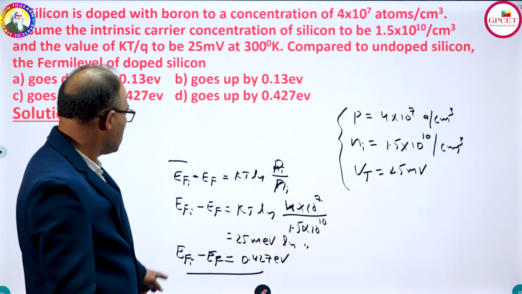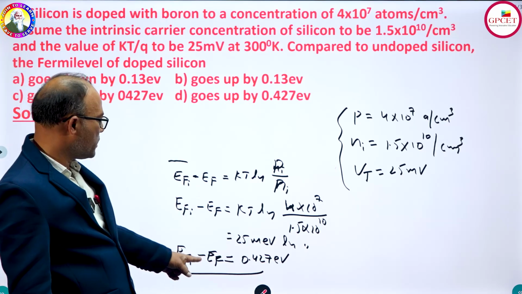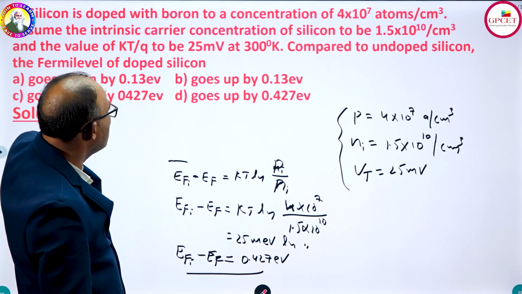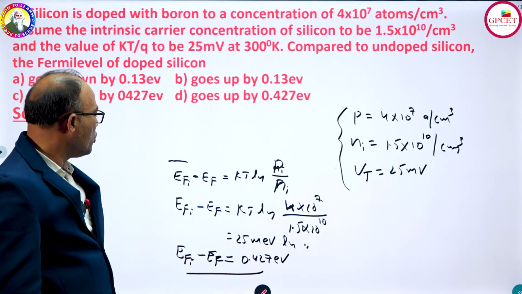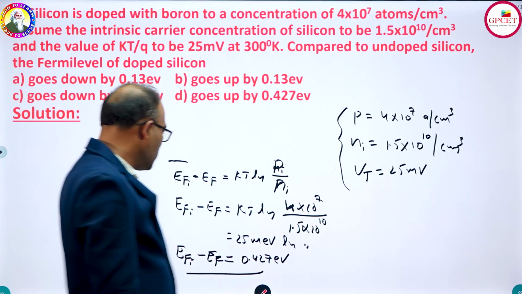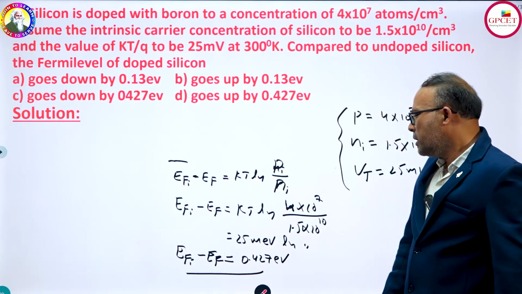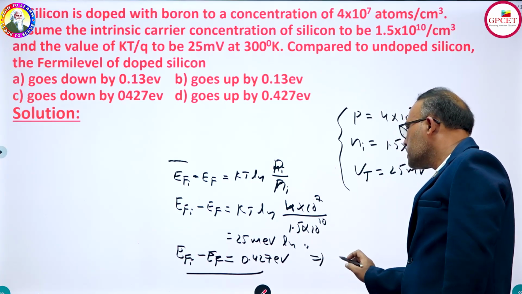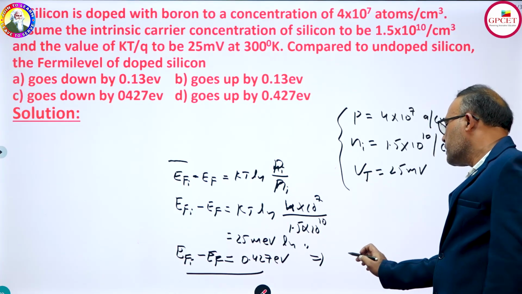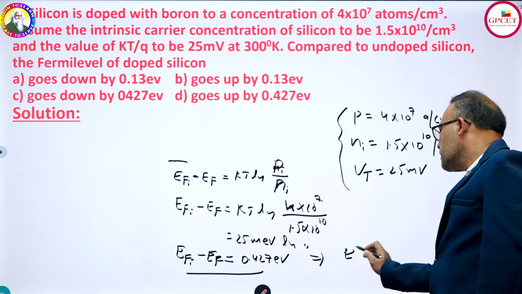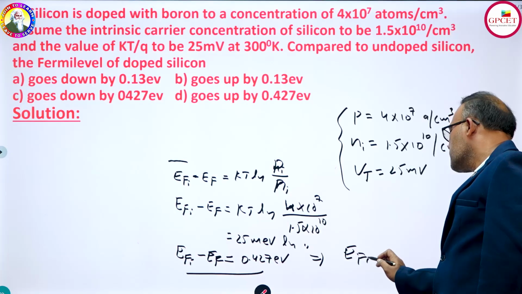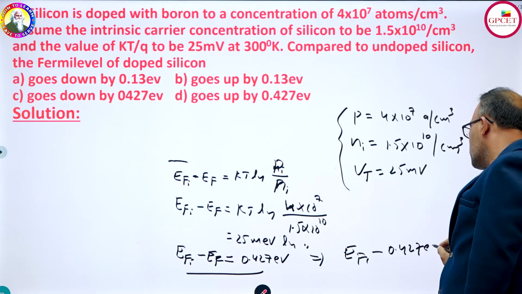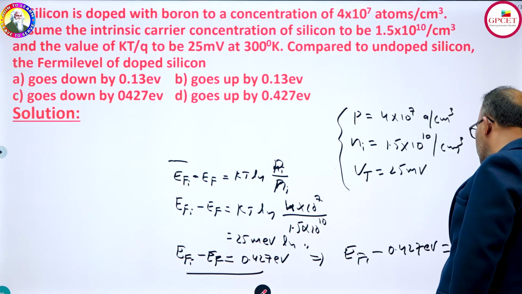So what is this intrinsic? It is the original one, and the doped semiconductor is EF. So compared to undoped silicon, what is the Fermi level of doped silicon? EFi minus 0.427 electron volts is equal to EF.